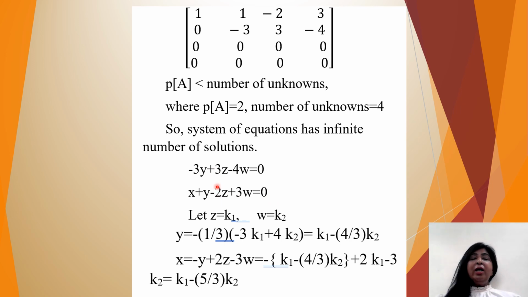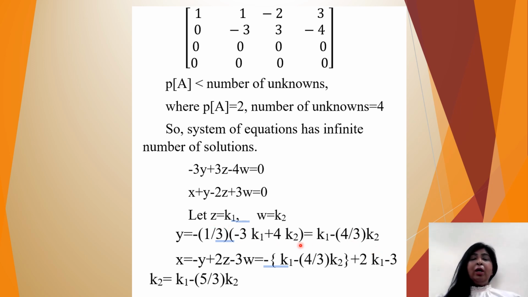Now we are getting two equations in four unknowns. As we are getting two equations in four unknowns, what will I do? I will assume two variables, say z is equal to k1 and w is equal to k2. So from this equation, I will get the value of y as k1 minus 4 by 3 k2.